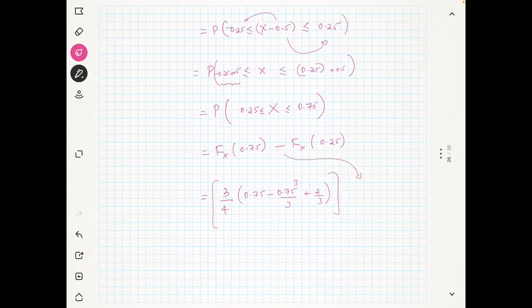Then I will put this minus sign, minus 3 by 4, and our x is 0.25, minus 0.25 the whole cube by 3 plus 2 by 3. Okay, that's it. So this is the answer. I think this answer is coming as 0.2734. I'm not sure, anyway you can check it. Okay, but the method is correct.